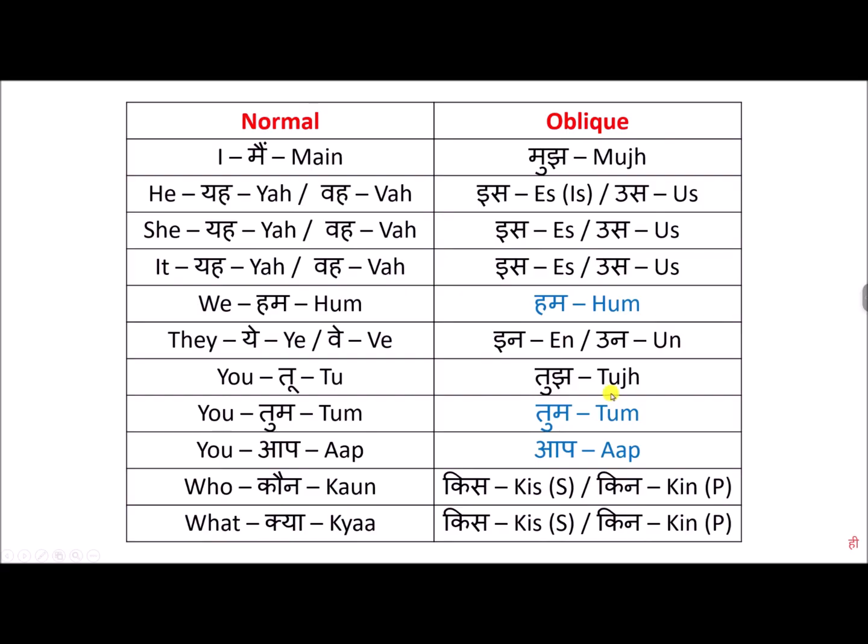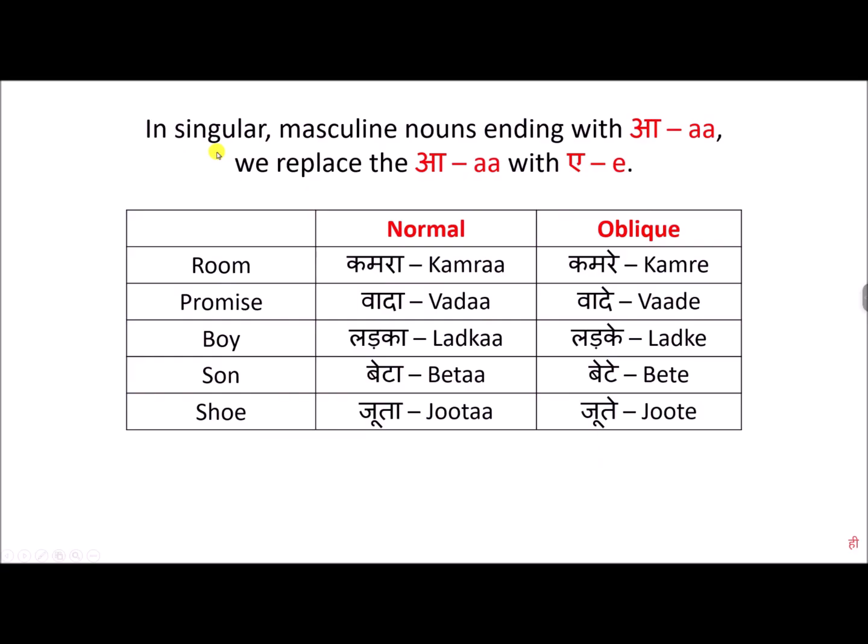Now let us proceed to oblique nouns, where we have a few cases. In singular masculine nouns that end with the a sound, we replace the a with e. For example, kamra. Kamra is room. It is masculine and singular, and it ends with the a sound.